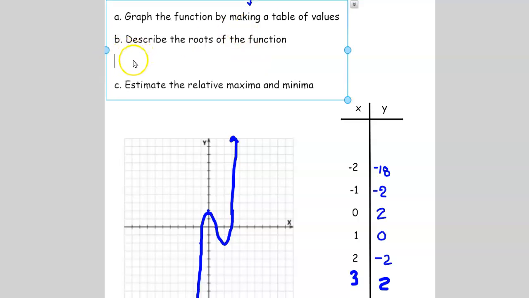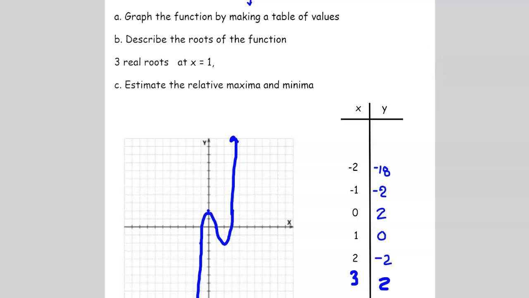So I could even say that I have 3 real roots. And then it's, what are those roots? Well, we did have one that we know exactly because one of my points is 1, 0. So we have x equals 1 is one of my roots.